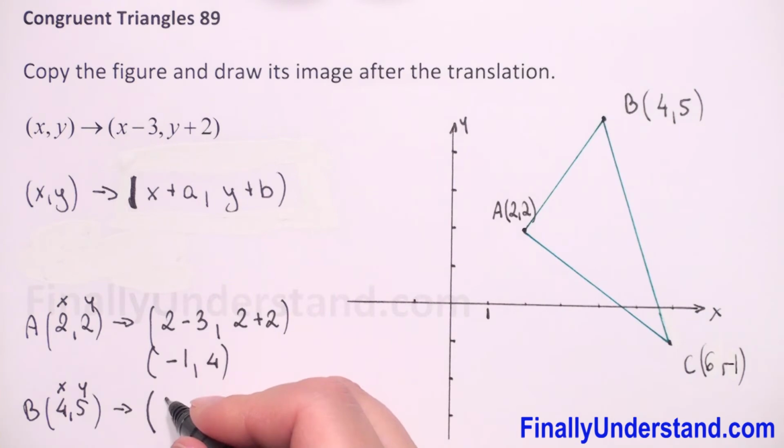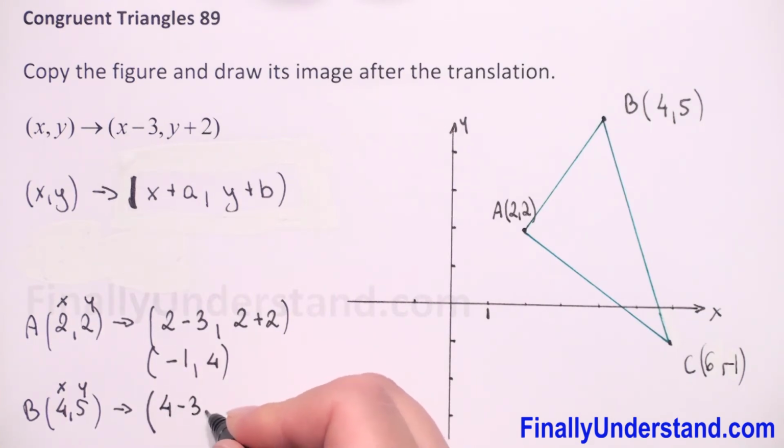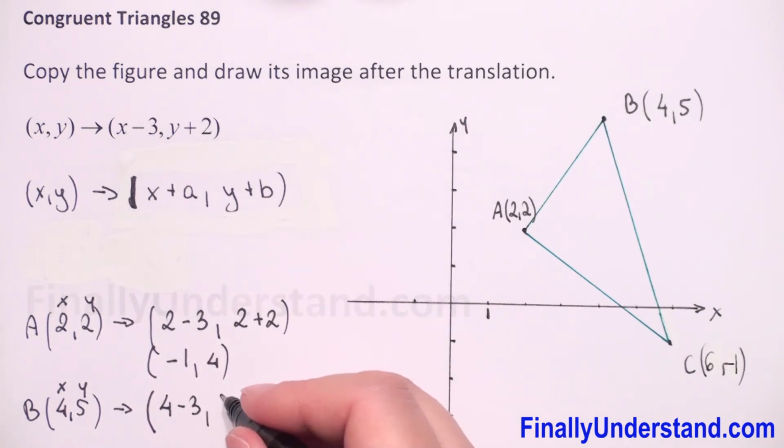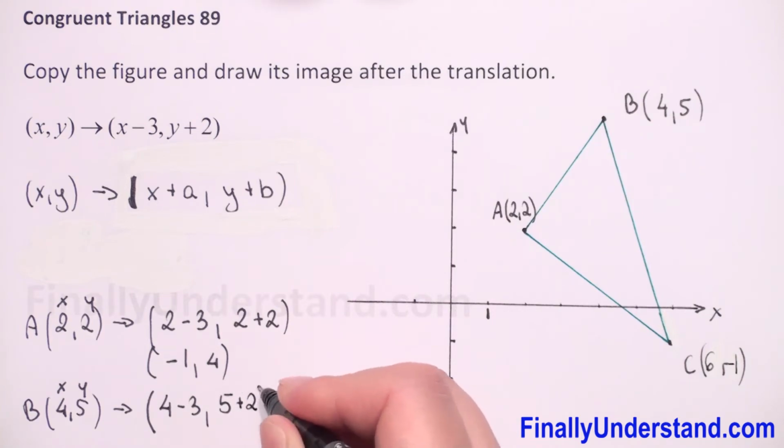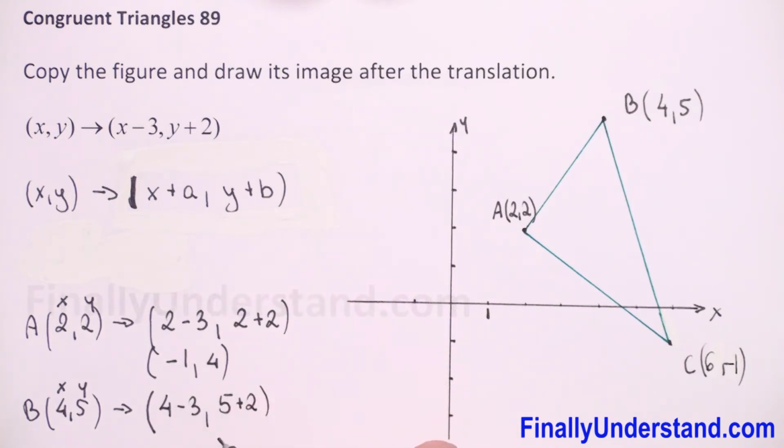So we have 4 minus 3 and we have 5 plus 2. It means we have to subtract 3 units from the x coordinate and we have to add 2 to the y coordinate. So we have point 4 minus 3 is 1, 5 plus 2 is 7.